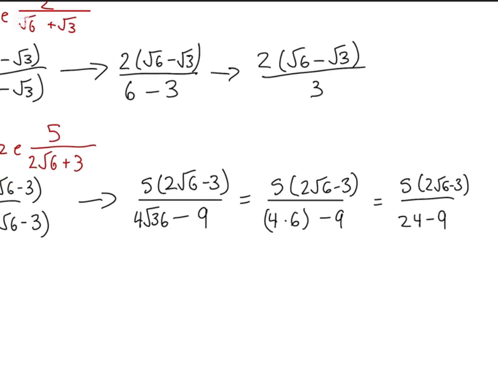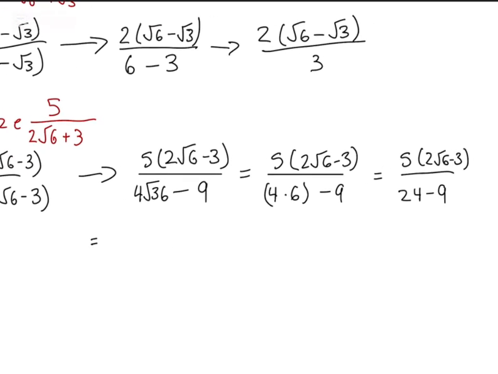And 24 minus 9 is 15. So now, finally, we can cancel out this 5 and 15 and turn it into 1 over 3 as a least common multiple. So now our final answer is 2 root 6 minus 3 over 3.